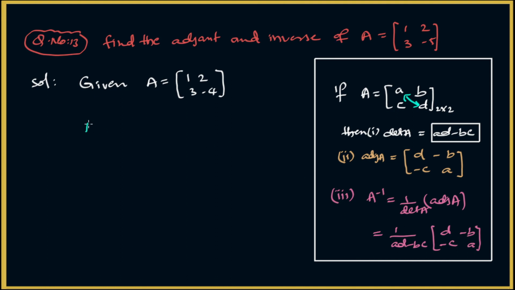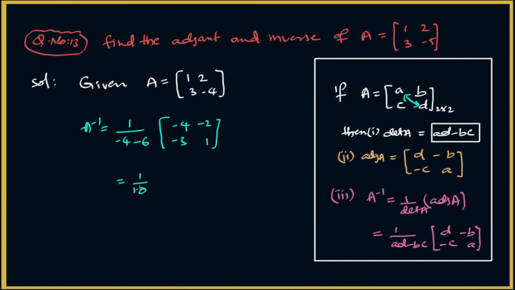So here A inverse becomes 1 by ad, 1 4s are minus 4, minus 3 2s are 6, so ad minus bc is minus 4 minus 6, which is minus 10, and the adjoint is 4, minus 2, minus 3, 1 with signs changed.